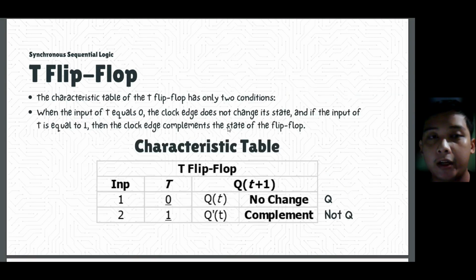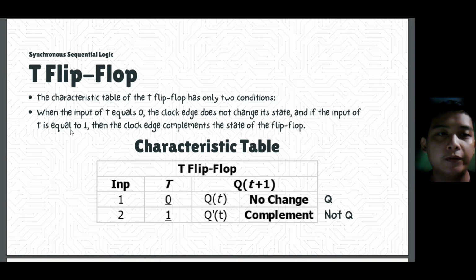Now we will go to the characteristic table of the T flip-flop. Only two conditions will be input in the table for the T flip-flop. When the input of T equals 0, the clock edge does not change its state.